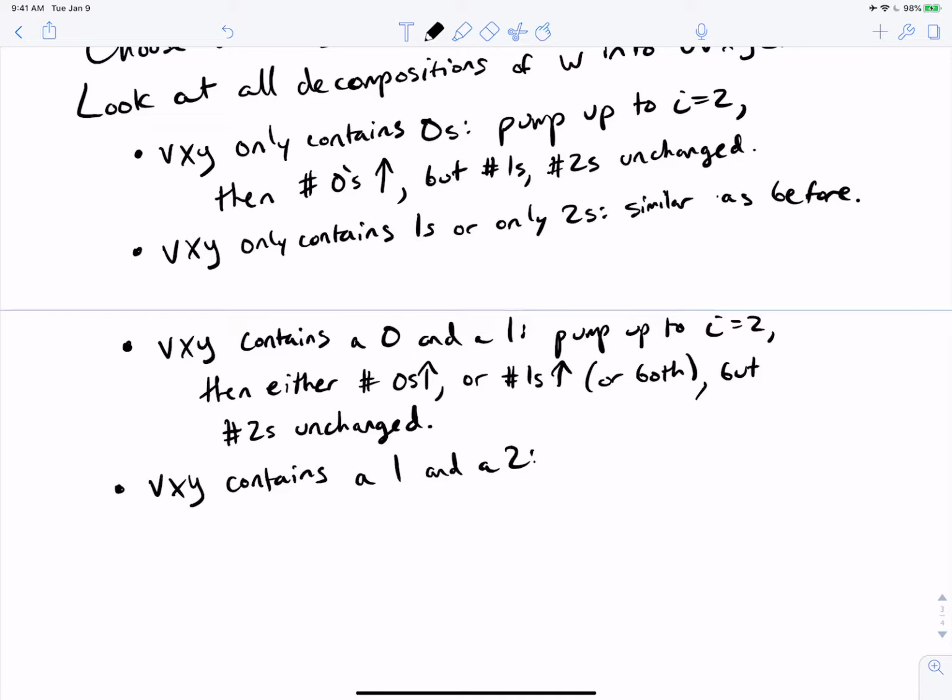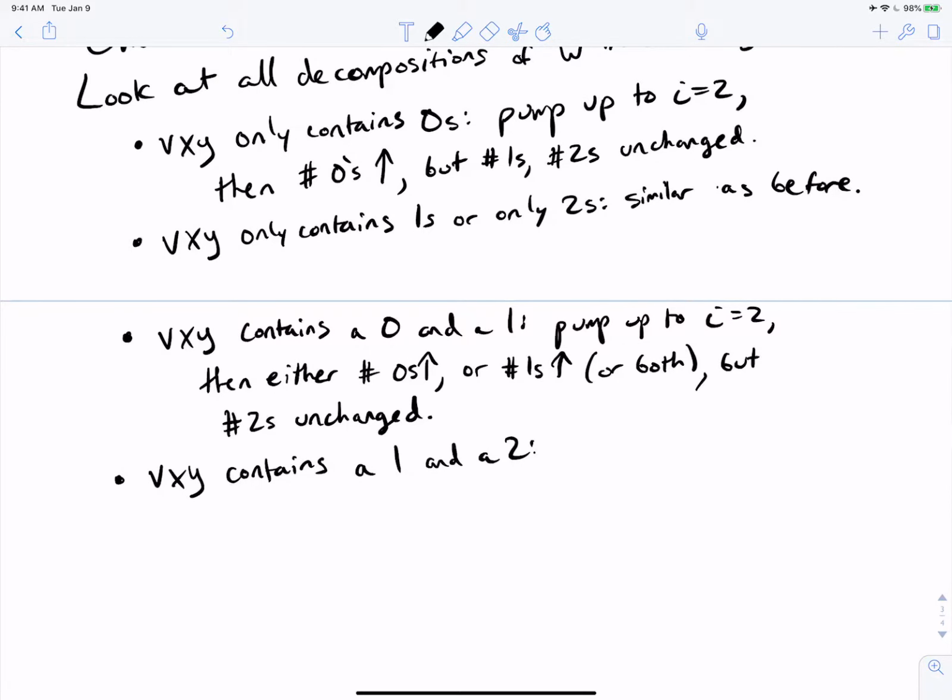Same idea. Yeah, similar idea. 0 is the one that doesn't change. And I'm just going to put in here, it's not necessary, but the number of zeros is unchanged here.